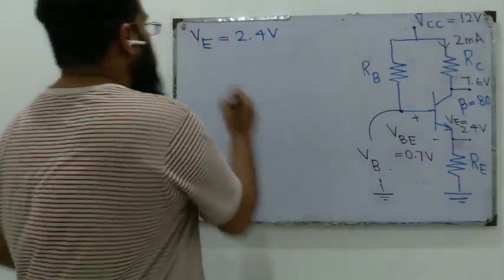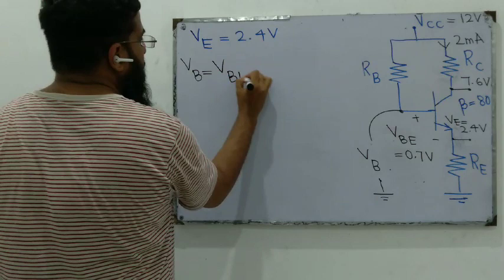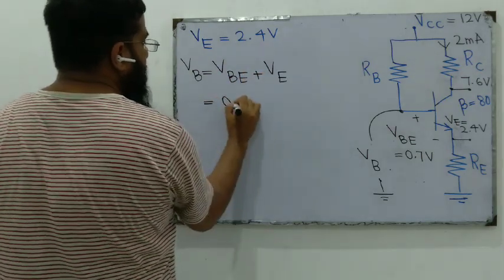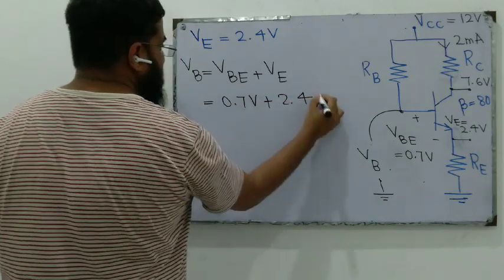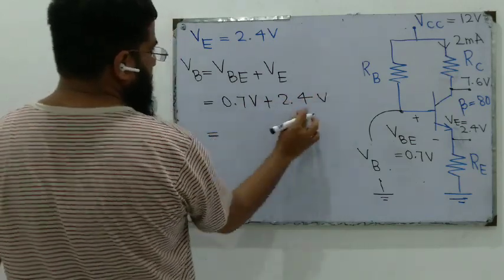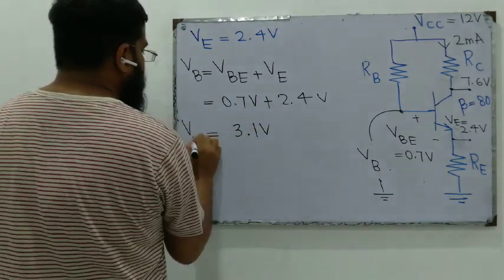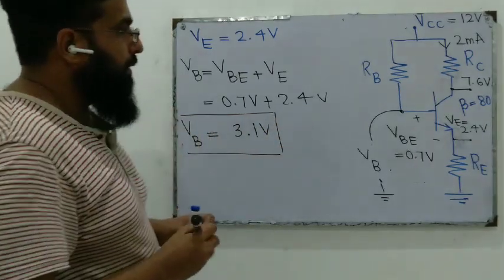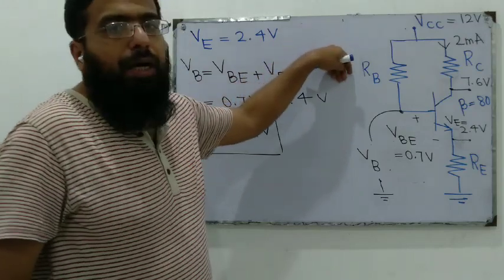So VB is VBE plus VE, 0.7 volt plus 2.4 volts. This is 3.1 volts. Once we know VB, the voltage of the base terminal with respect to ground, we can find out IB.